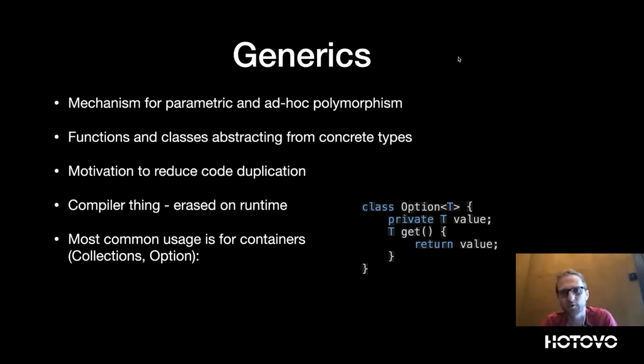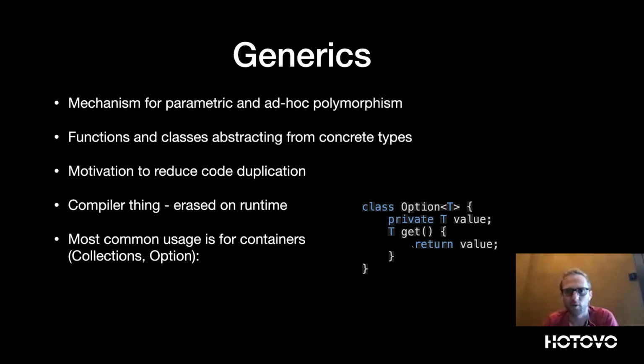And the most common usage is for containers, like collections or options, wrappers. So these are types that don't care what they contain or what they wrap. They just care about some operations on those objects, but they don't care about what types these are.